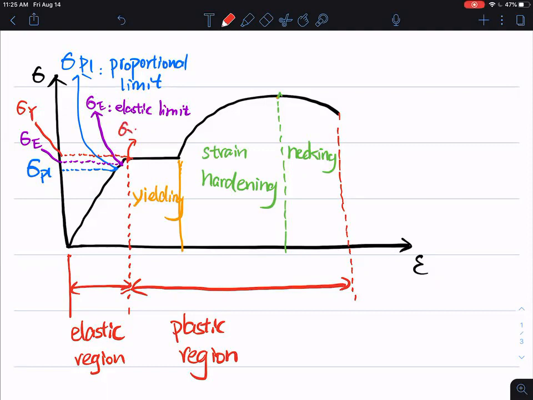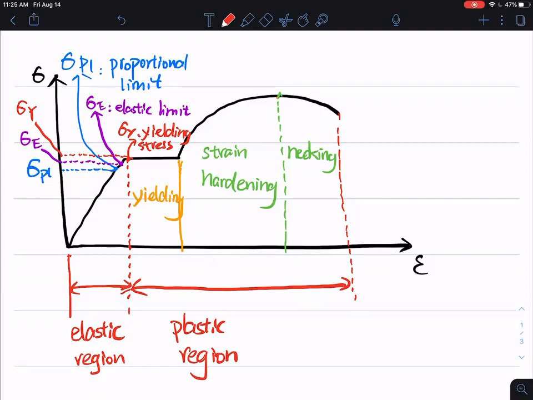It's called sigma Y. And sometimes, more realistically, it's pretty hard to tell these three different stresses apart.